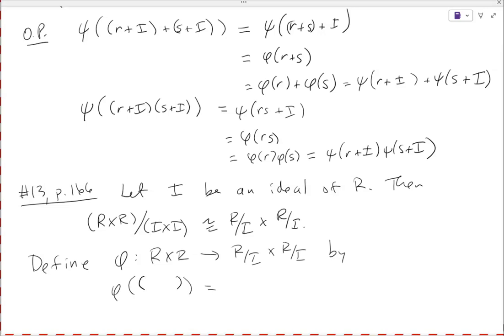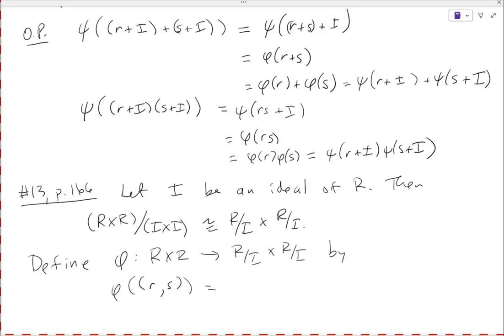The first component comes from the first R, and the second component comes from the second R. Do they have to be equal, or can they be different elements when you create ordered pairs? They can be different, right? So I might as well call it, say, R comma S, or R1 comma R2. I'm going to do R comma S because I don't feel like writing subscripts. So that's what our input looks like.